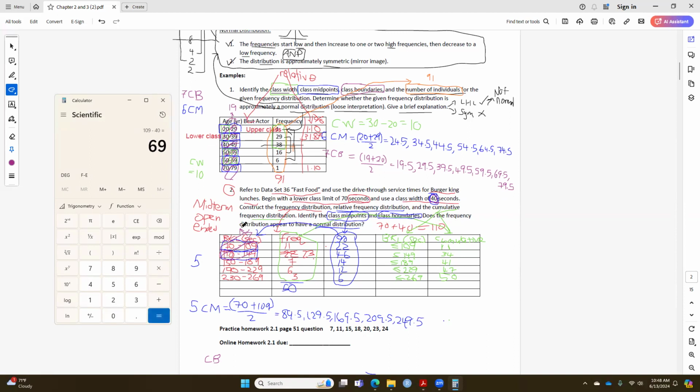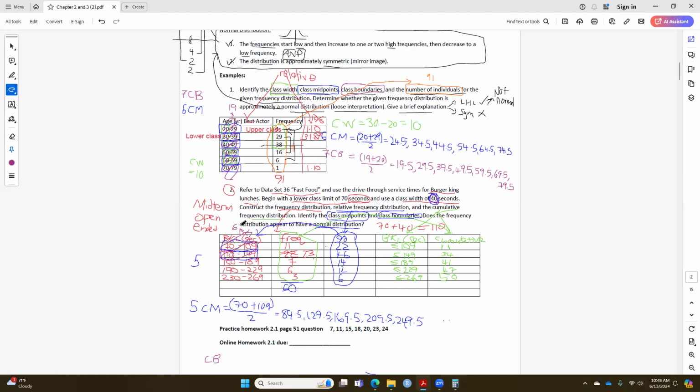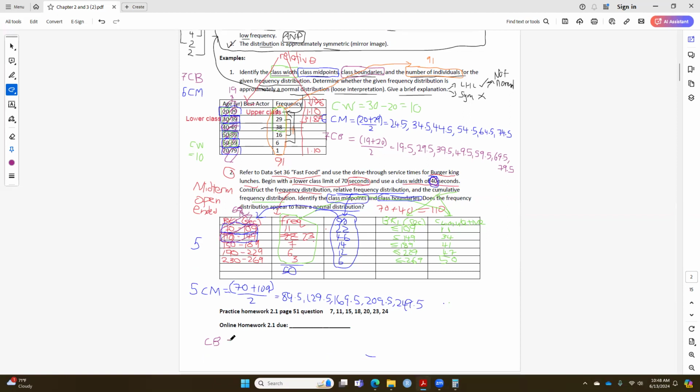So that is 69. That means this number will be 69. So how do we figure out the class boundary in this case? You do 69 and 70. Again, parenthesis, 69 plus 70 divided by 2. If you use your calculator, this should be 69.5.